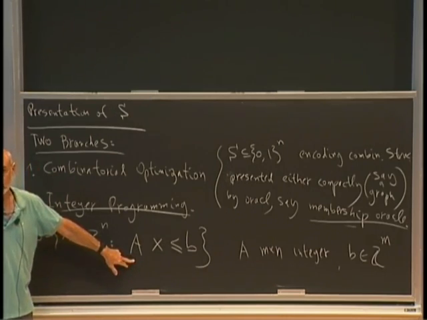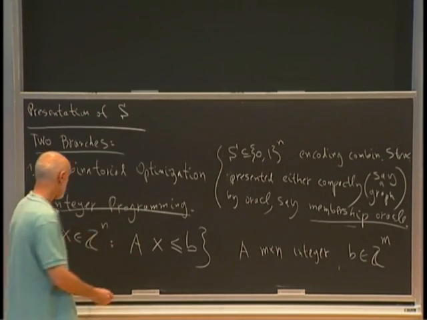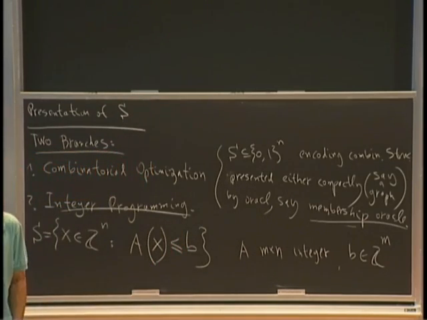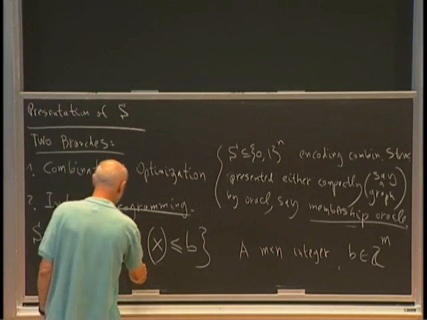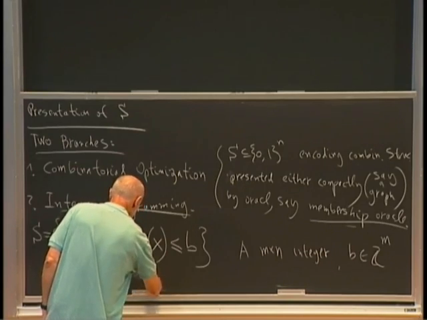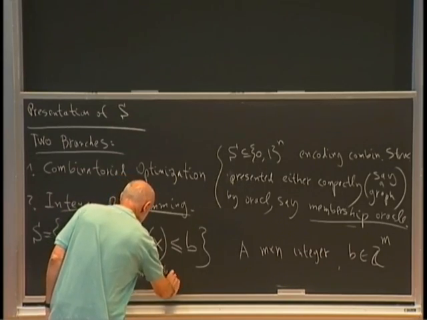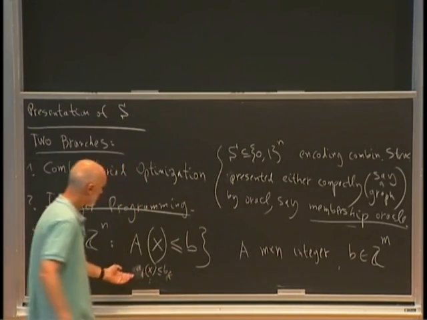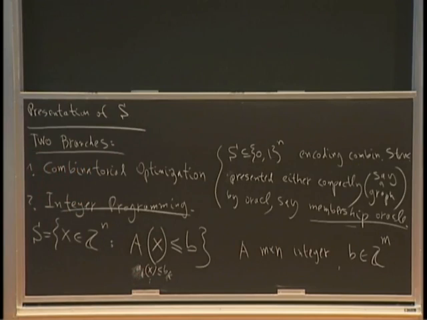But of course, you can talk about more general things yet. You can think about A, instead of a matrix, as m functions, and the functions can be polynomials, for example. And this is what you've seen last week. Last week we talked about sets defined by polynomials, A1 of x less than or equal to B1, and so on. These can be arbitrary polynomials, but we want also the points to be integer.